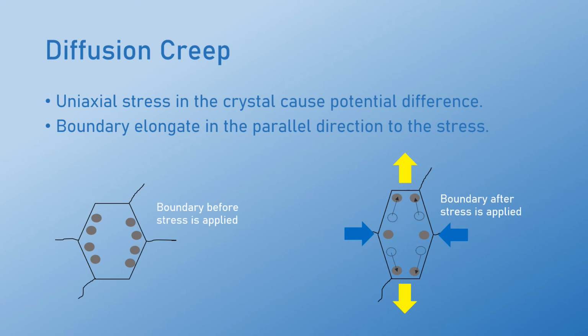So a little bit of review on diffusion creep. Uniaxial stress in the crystal causes a potential difference. So this is the crystal within the metal, and when uniaxial stress occurs, two sides, upper and lower, will experience tension, and as a compensation, the perpendicular sides will experience compression.